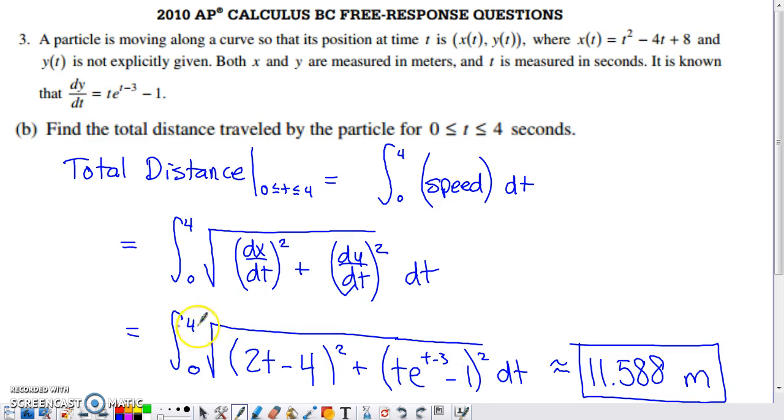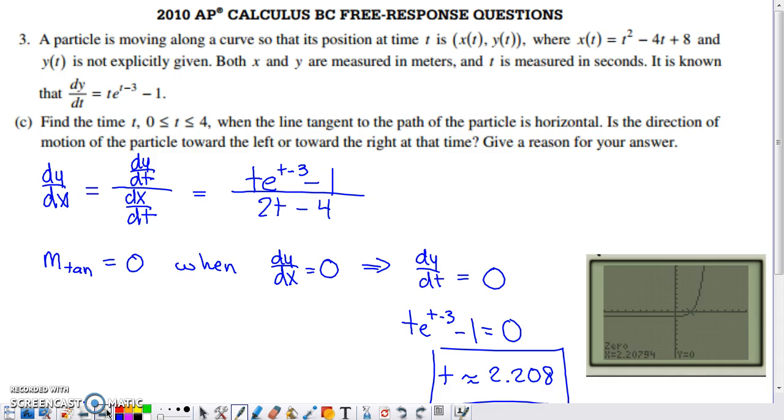If I evaluate this on the calculator, and this is tricky to input to the calculator, there are a lot of grouping symbols that you have to watch out for here, but if you input this to the calculator and use the calculator's capability of numerically estimating an integral for you, you end up with 11.588 meters that the object traveled over the course of the first 4 seconds that it was moving.